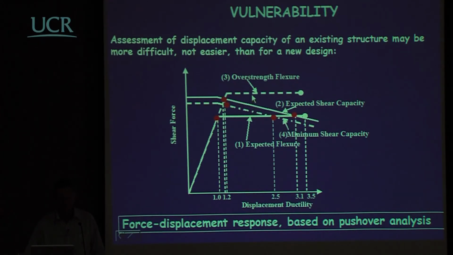So a relatively small change in the assumptions on the flexural material properties has resulted in a change of the ductility capacity from 3.1 down to 1.1. So you can see it can be very difficult to get a realistic assessment of what the strength is. The shear strength may also be lower than our best estimate, which may mean that depending on what the flexural strength is, we get a failure at this displacement ductility or this displacement ductility. So there's a great deal of uncertainty associated with this in many cases.